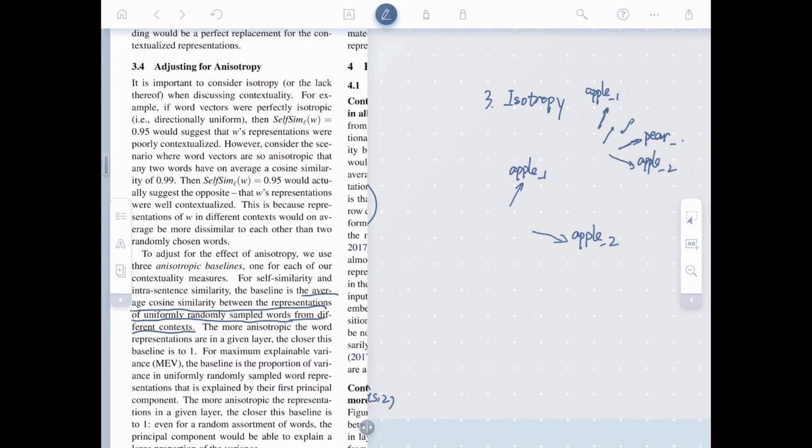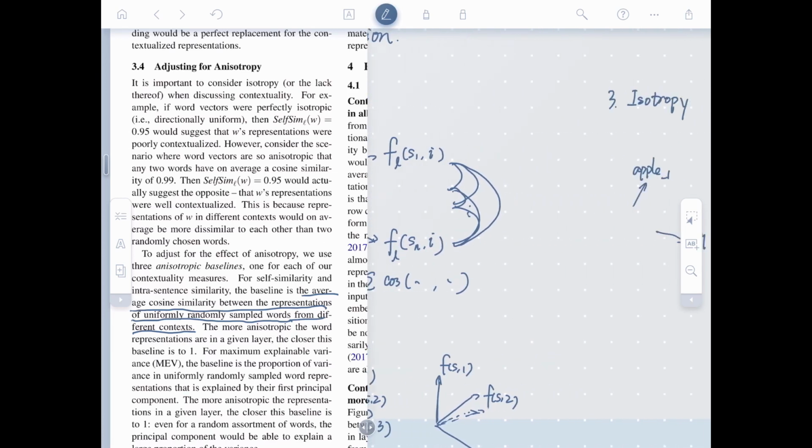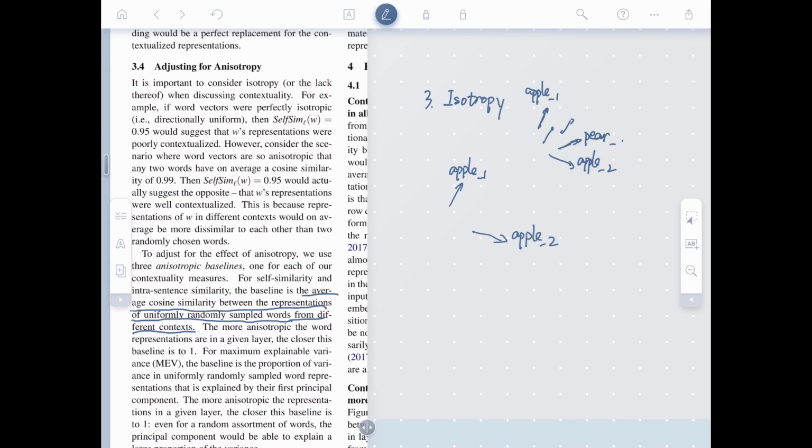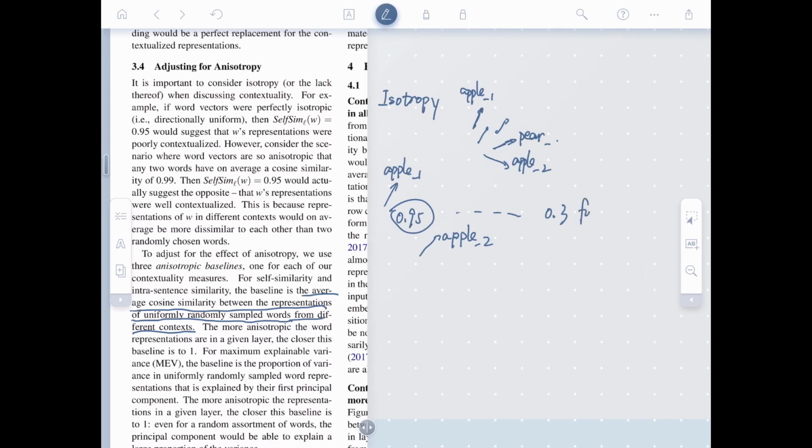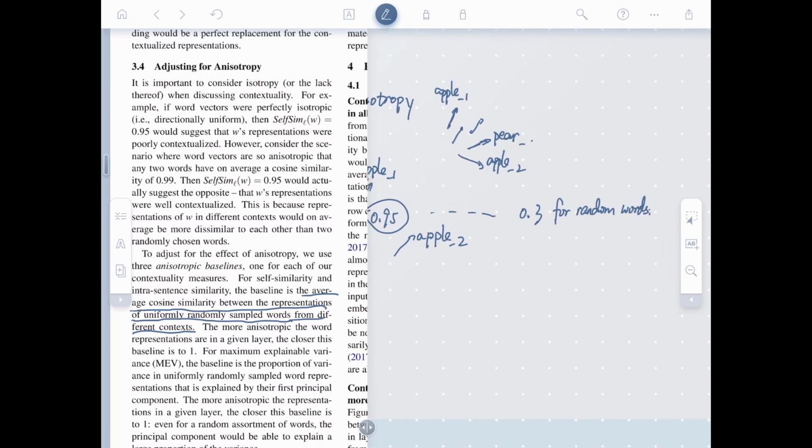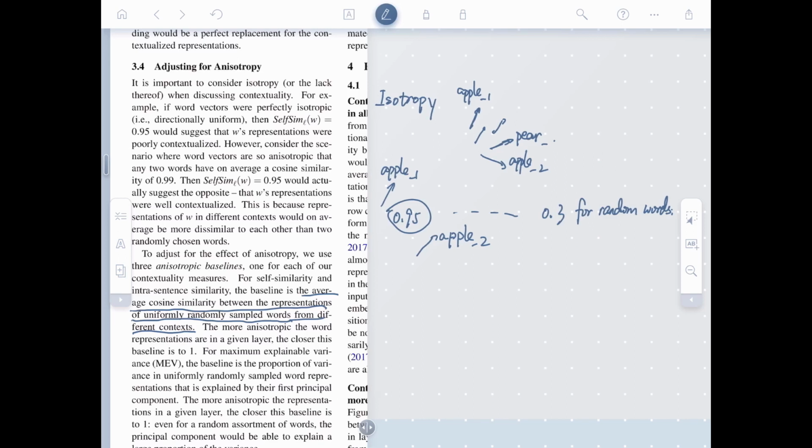So although Apple 1 and Apple 2 have 0.95 self-similarity, if the baseline is 0.3 for random words, then this means that in different contexts, the word apple occurs in really similar locations in the distributional space.